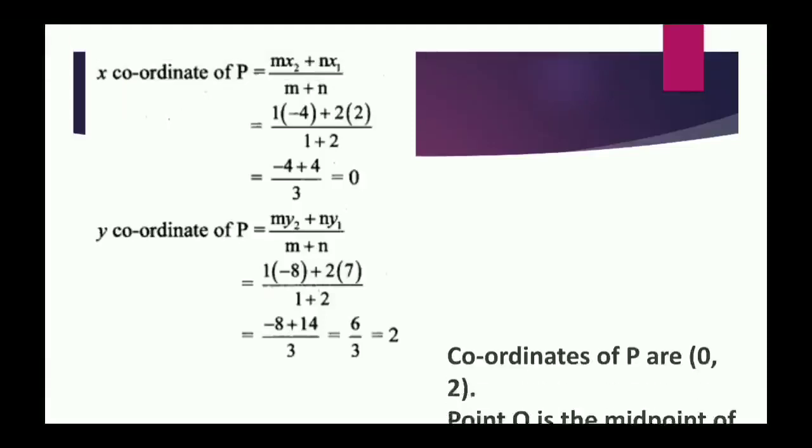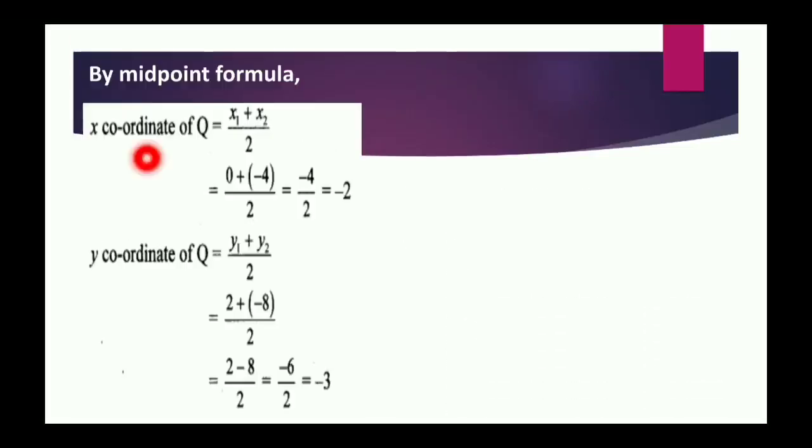So we will apply the midpoint formula now. The midpoint formula is (x1 + x2) upon 2. We know the value of x1 is 0, so this is the point P value, and this is the B value. 0 plus minus 4 upon 2 is equal to minus 4 upon 2, that is equal to minus 2.